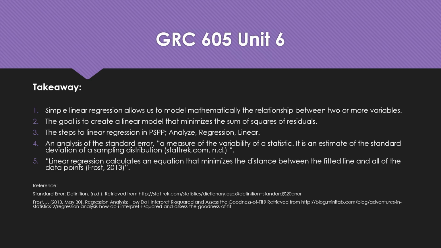Number 4, the standard error, a measure of the variability of a statistic, is an estimate of the standard deviation of a sampling distribution. And number 5, linear regression calculates an equation that minimizes the distance between the fitted line and all of the data points.